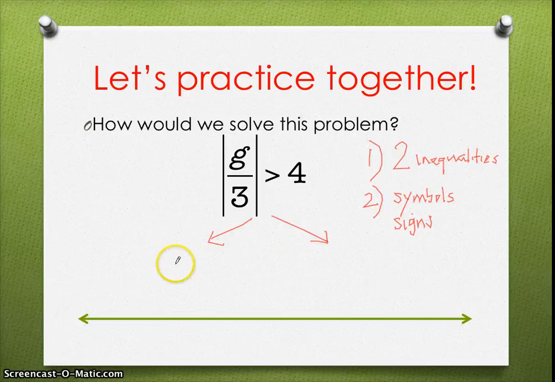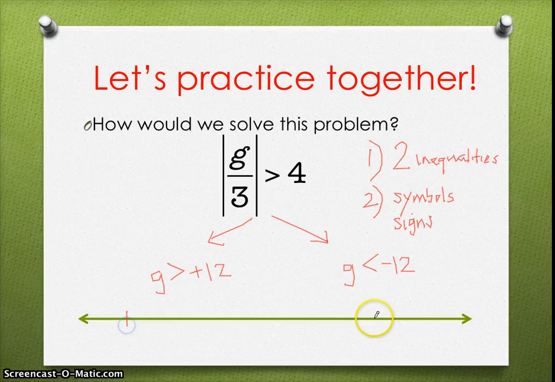If you solved it correctly, and if I solved it correctly, it seems that the answer is g is greater than positive 12, and g is less than negative 12.